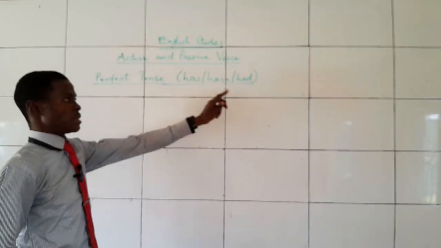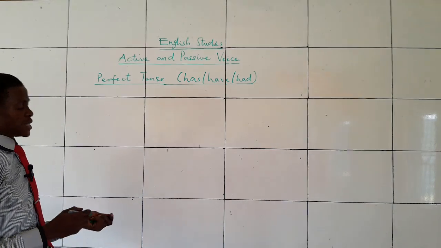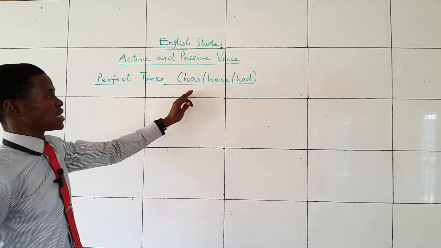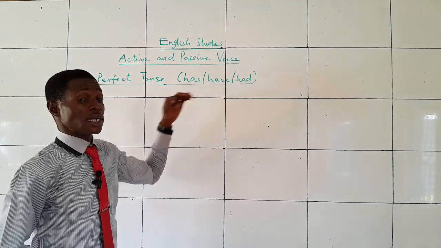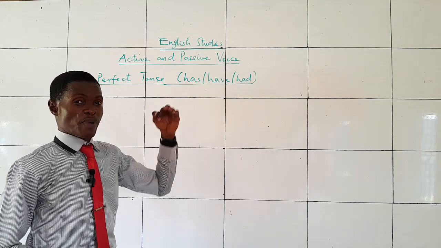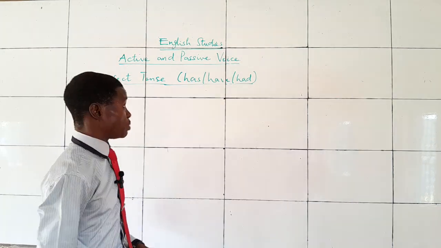We use these three markers for the perfect tense. Meaning that if we have any sentence that has any of these three markers as its auxiliary verb, such a tense is basically talking of a perfect action, an action that has been completed.